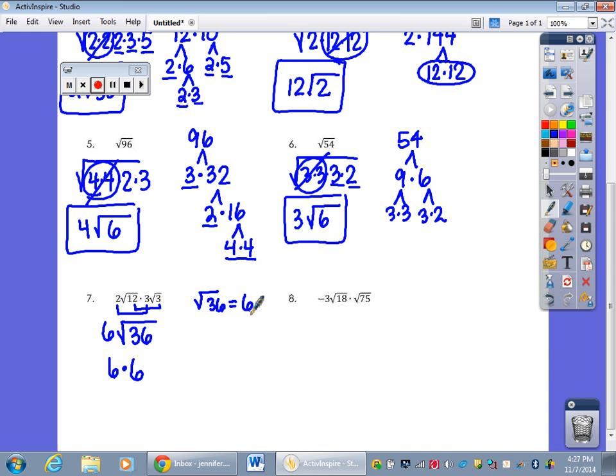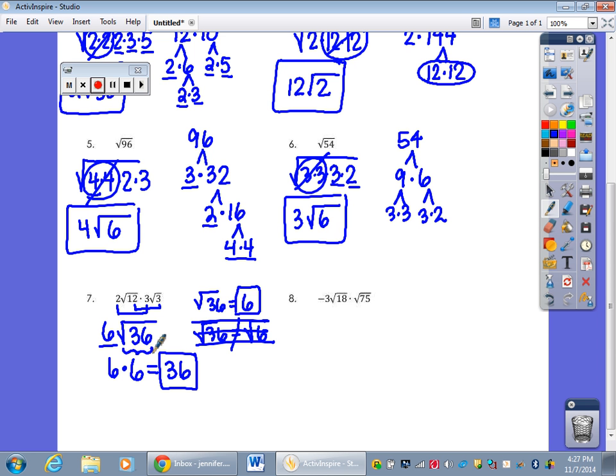Okay, not equal to, and this is where you guys mess up, this is not equal to the square root of 36. That's not true. So it's not this one, it's this one. So this becomes 6 times 6, which is just 36. You have the 6 from here times the 6 that you get when you do the square root of 36, and so you end up getting actually 36.